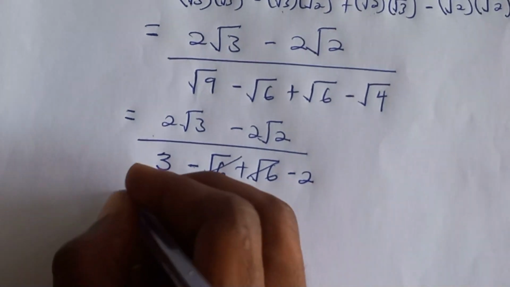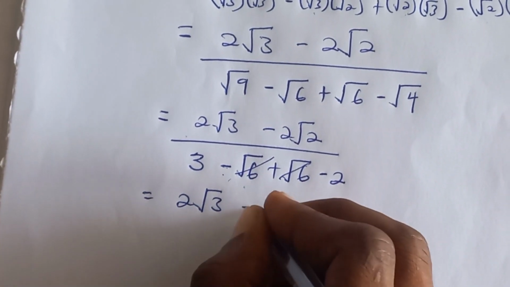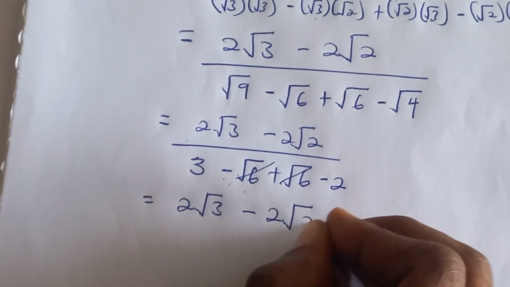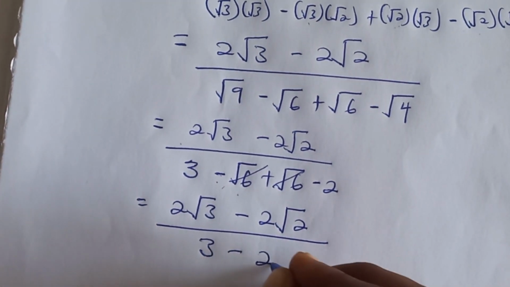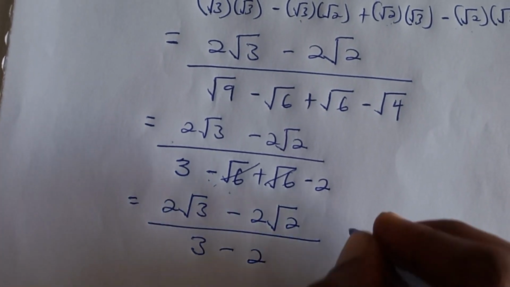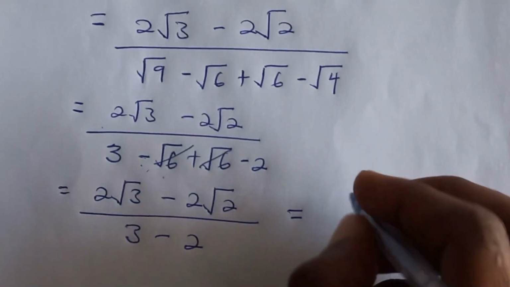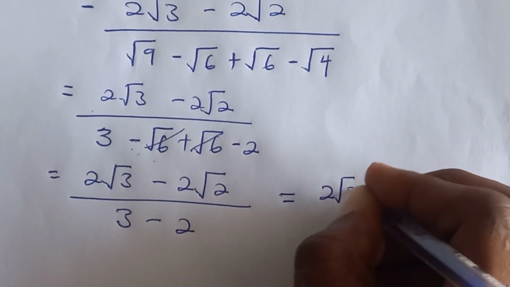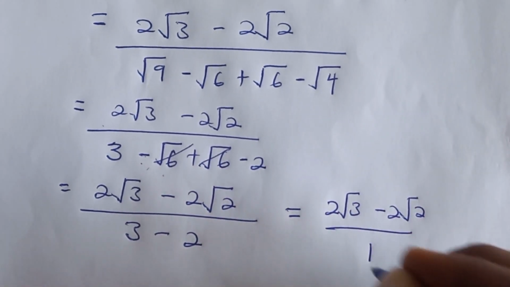Okay. So we are going to get 2 root 3 minus 2 root 2 on 3 minus 2. And we know that 3 minus 2 is 1. So we are going to get 2 root 3 minus 2 root 2 on 1.